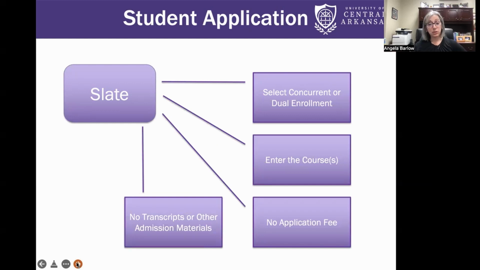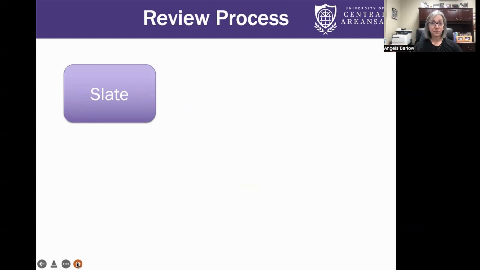They do not have to submit transcripts or any other admission materials. They are UCA undergraduates, so we have access to their transcripts. And because it's dual or concurrent, there are no references or letters of interest, things like that. They don't have to do that. So it's a pretty straightforward process, right? You go in, fill out the form, enter the courses, and you're done.